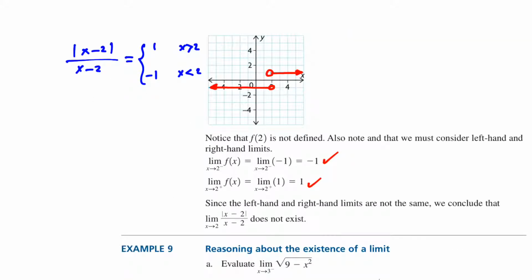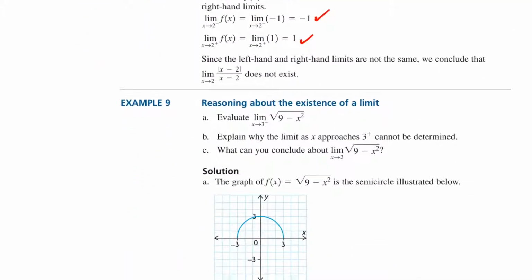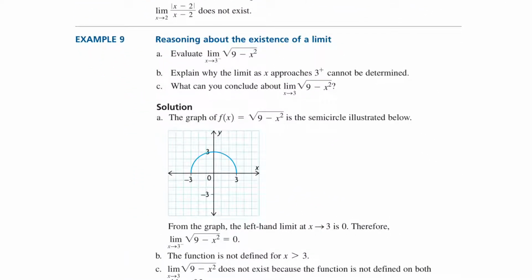The graph of the function is y equals 1 when x is more than 2 and y equals negative 1 when x is less than 2. The right side limit of the given function as x approaches 2 is 1 and the left side limit is negative 1. Since the right and left side limits are not equal, the limit does not exist.